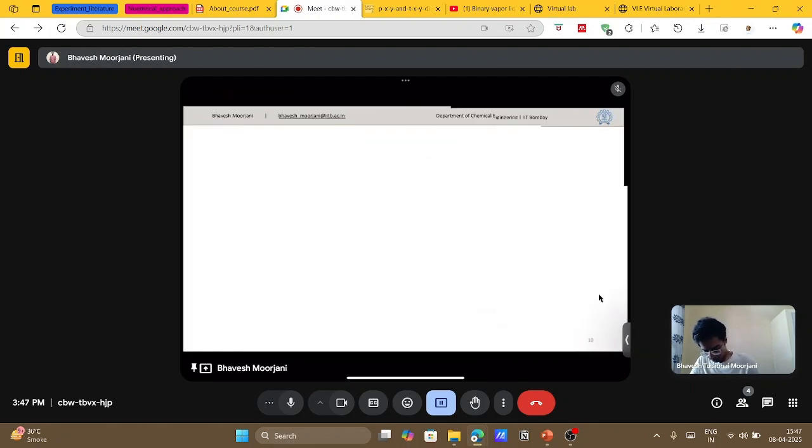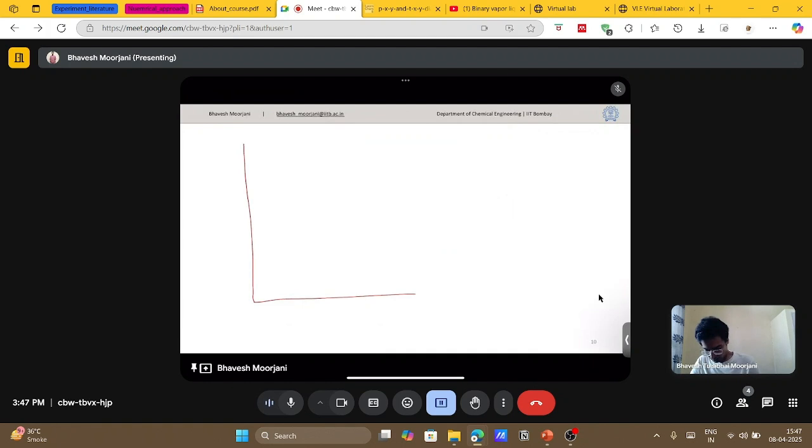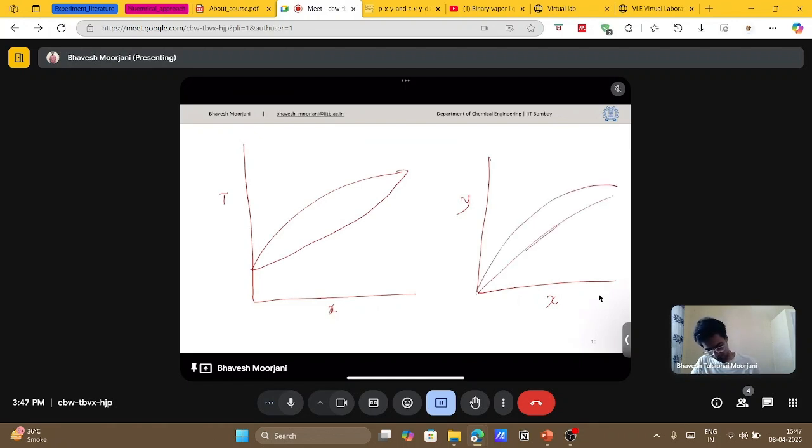Here from the experiment we got this Tx and Yx data. Let's say this is how our data points look. But this won't be exactly like a smooth curve or continuous line. Rather, we will get some data points.